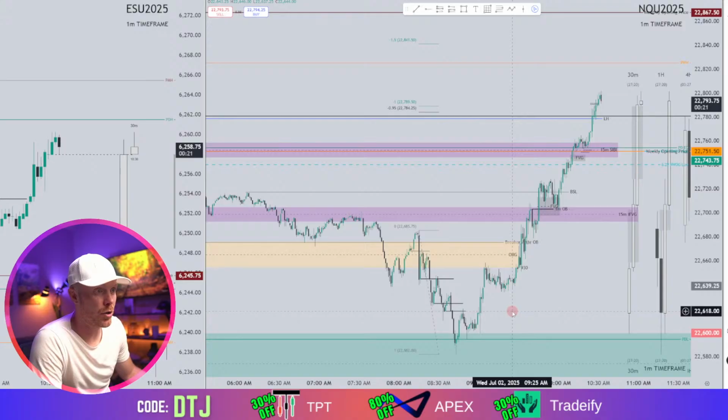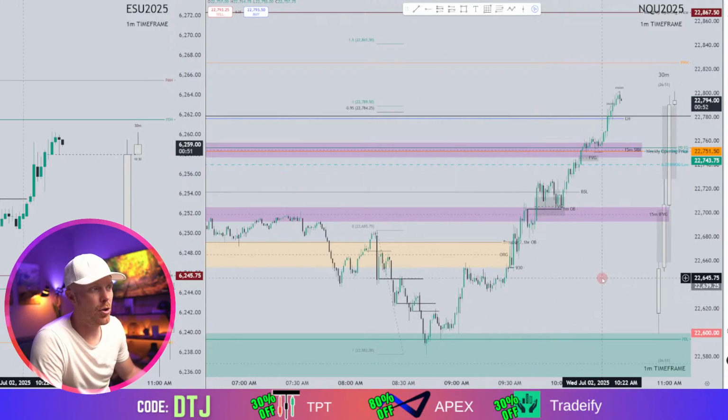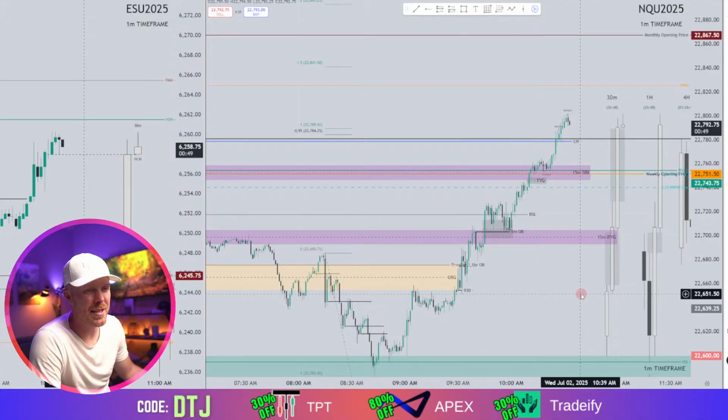The inversion model doesn't work well in high resistance liquidity, and you're not going to know that unless you've backtested and seen the setup hundreds of times. Don't take the inversion model in high resistance conditions because it's going to fail and slap you in the face. Take it in low resistance conditions, and it's going to be a beautiful trade. But you've got to take the time and be committed to the process. That's what this is about, folks.